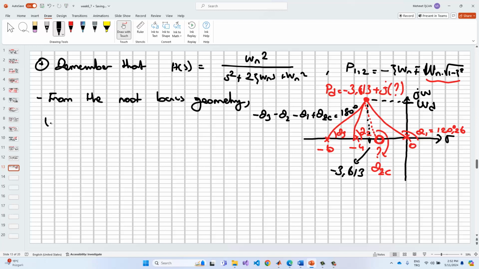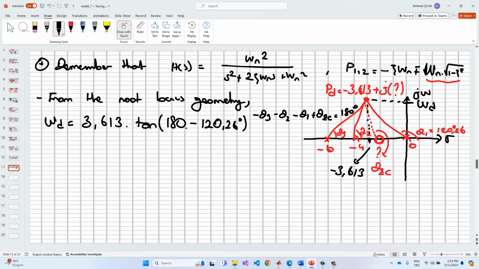And so the Wd must be calculated with 3.613 times tangent of 180 minus 120.26, right? This is coming from the geometry, because if we find these poles in here just like this one, and if we add these terms, we need to obtain the 180 degree value in here, okay?